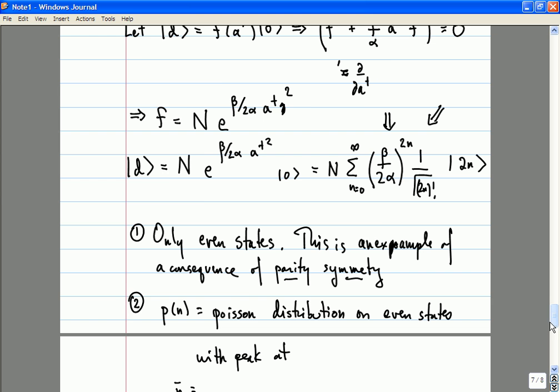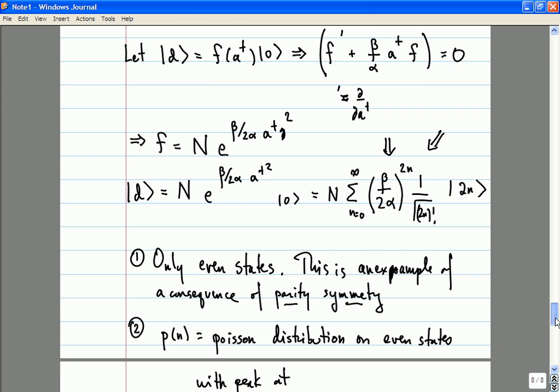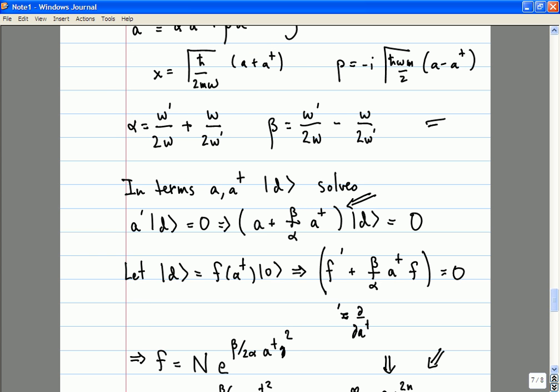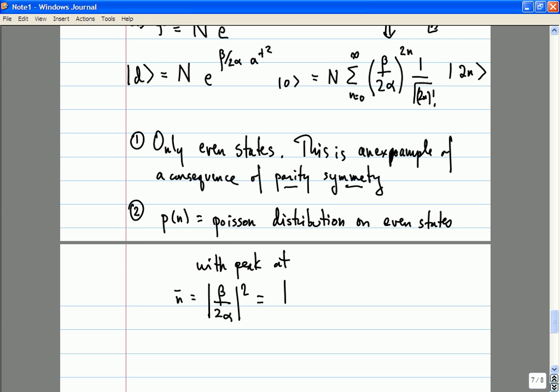So the peak is at the absolute value of beta over 2 alpha squared, or in terms of the frequencies, just plugging in the expressions for beta and alpha that I wrote up here, it's just omega squared minus omega prime squared over omega squared plus omega prime squared, all squared.